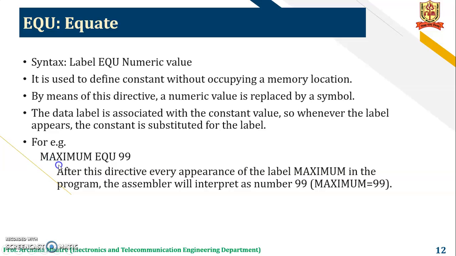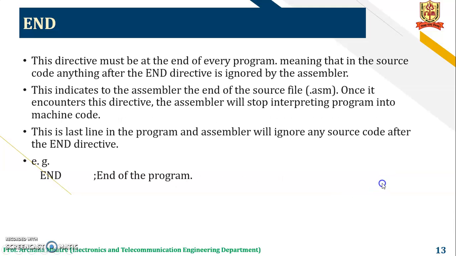This is the example: maximum EQU 99. After this directive, every appearance of the label maximum in the program, the assembler will interpret as the number 99. That means the value of maximum is 99. Wherever maximum comes in the program, it will be replaced by 99.